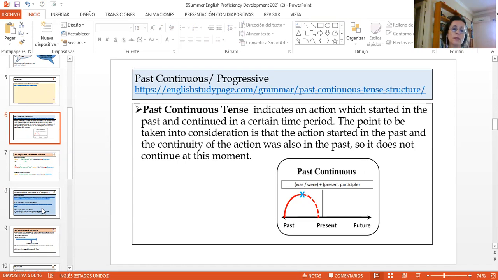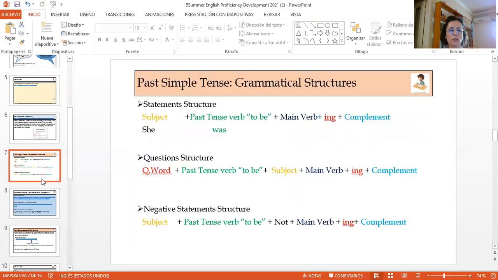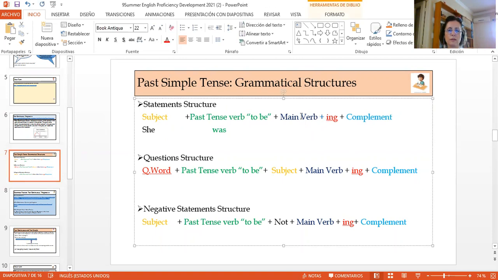I was doing something last night at 10 o'clock, for example. I was watching TV. So here is the structure, and we can use the verbs we saw before to write sentences. And here you see that you need a form of the verb to be in the past tense. It can be was or were.